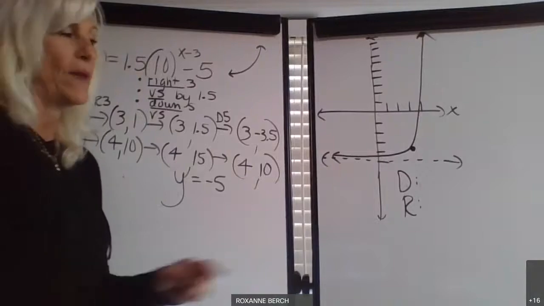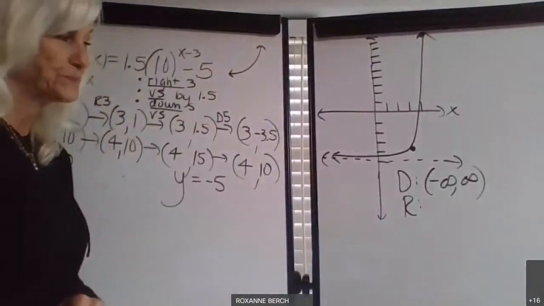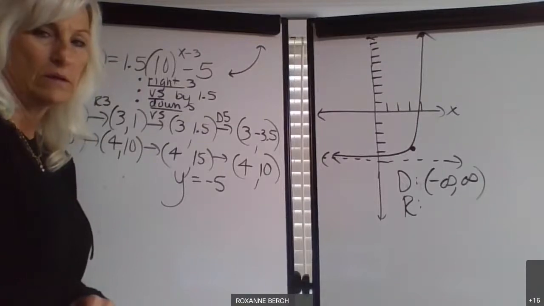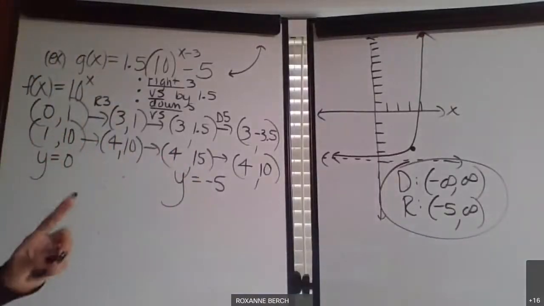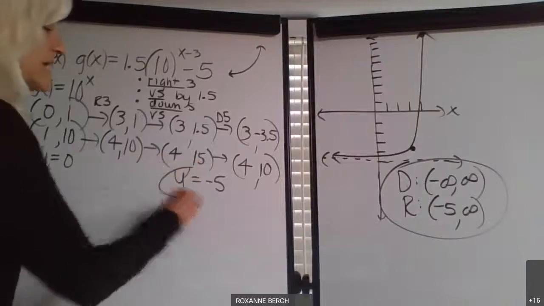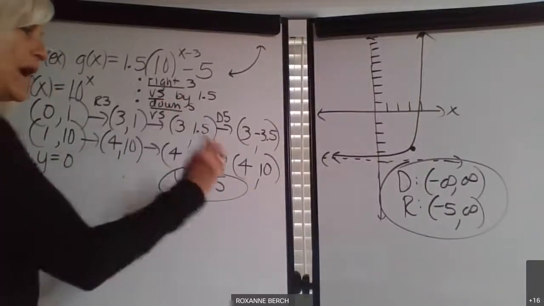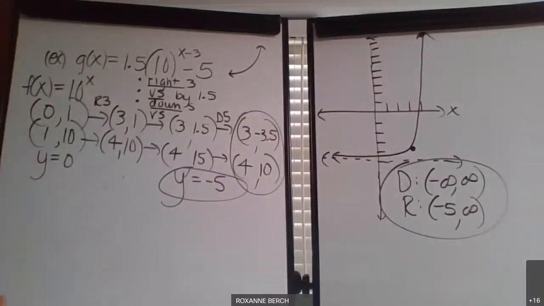Okay, so what's the domain? All real numbers. What's the range? -5 to positive infinity. -5 up forever. That is correct. So once again, they're asking for the domain and range. They're asking for the new asymptote. They're asking for the graph, and they're asking for these points after the transformation of the parent.